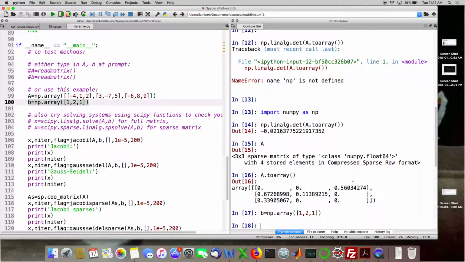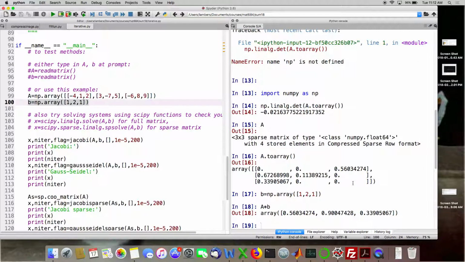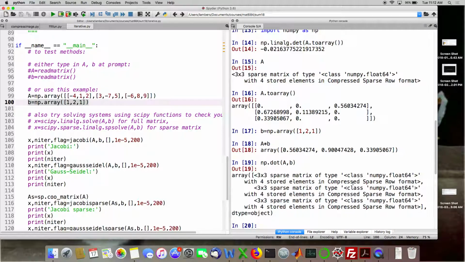Okay, so if I try this, let's try that again.